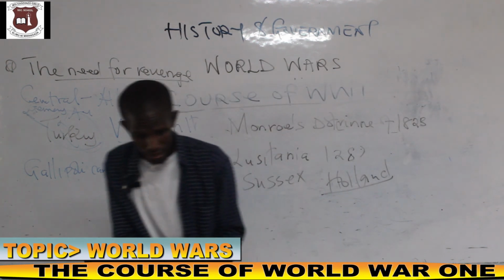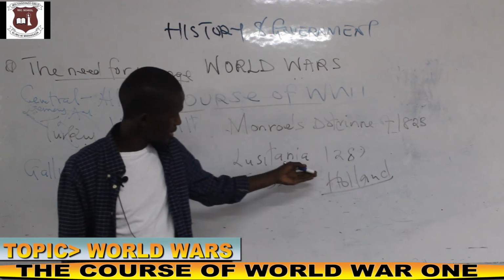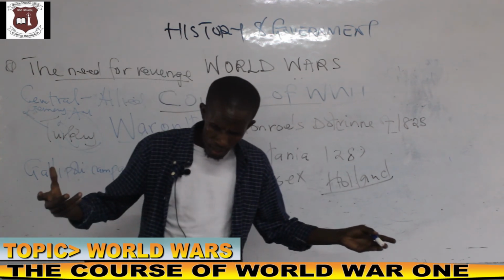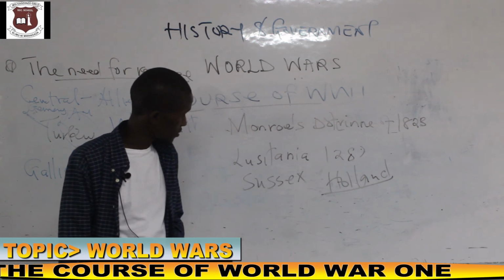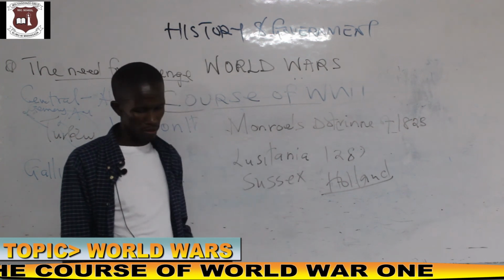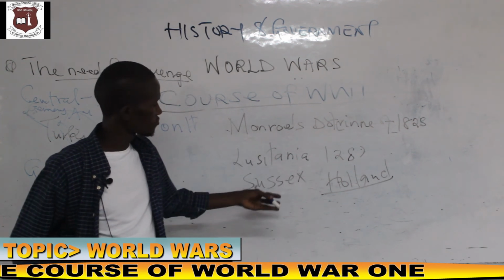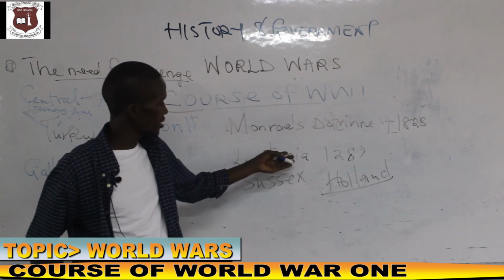So what happened is that Germany was declared a republic by the democrat and socialist politicians. Then General Ferdinand Foch gave some stiff ultimatums to the Germans.